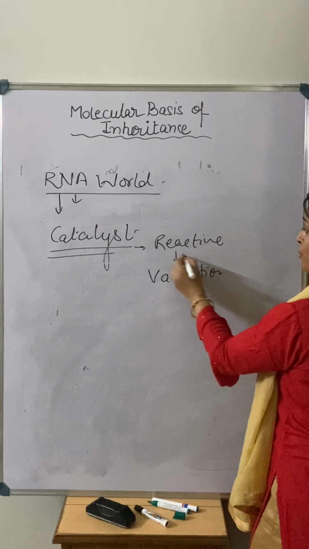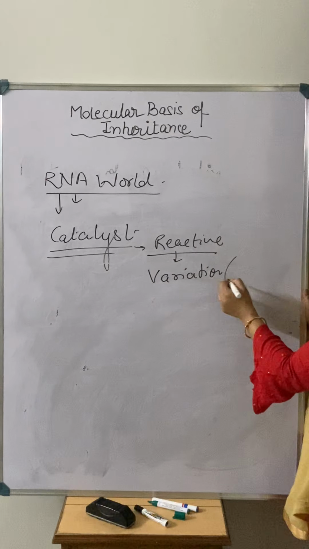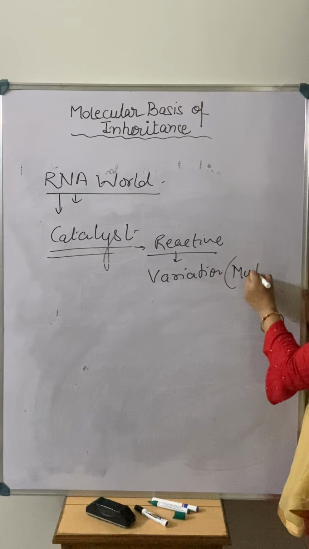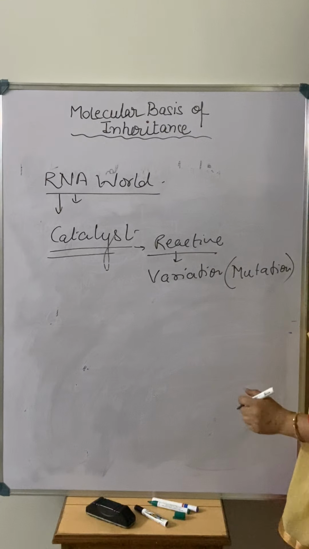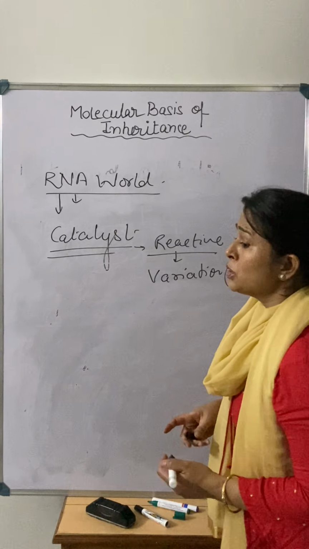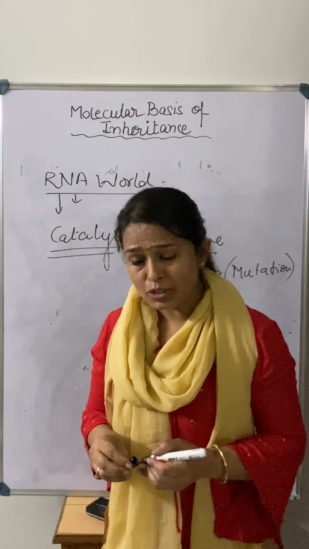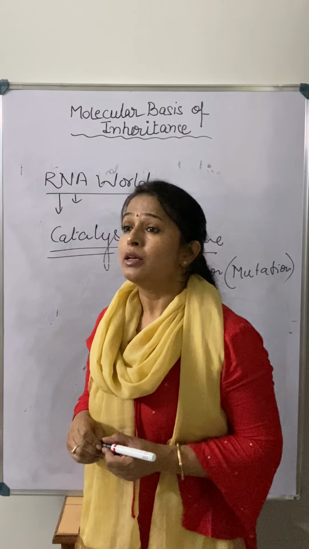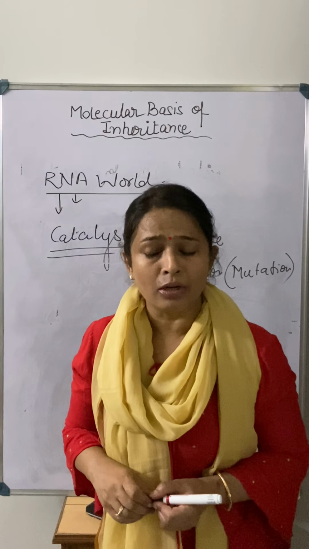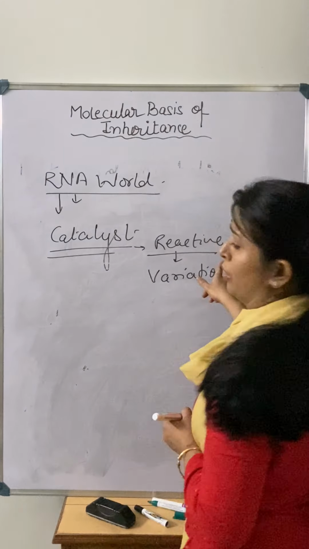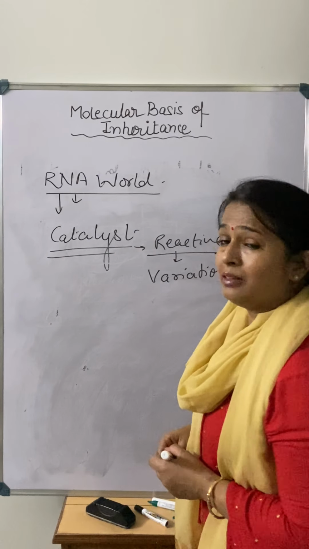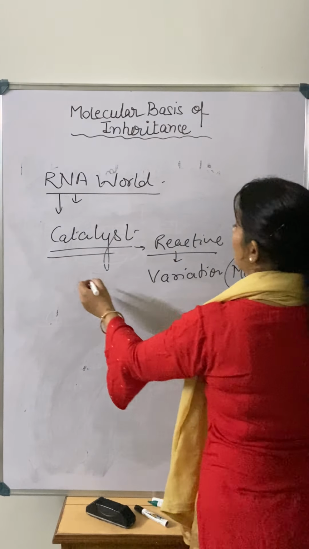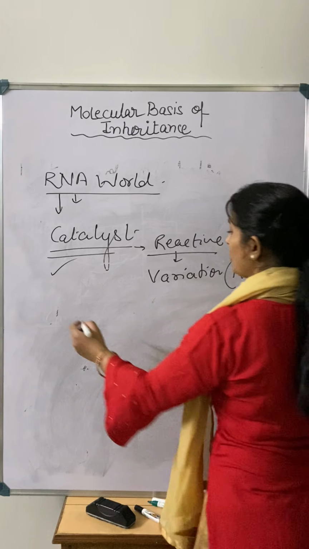If it is more reactive, variation changes, and that is actually mutation, right? So it means there is no gradual evolution; sudden change can come. For the formation of a new species or for the reproduction of the coming generation, that is not good, right? A sudden formation of something new is not possible in our nature. So that was the first thing, right?